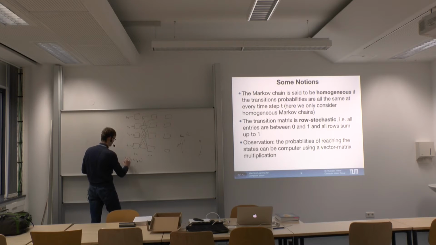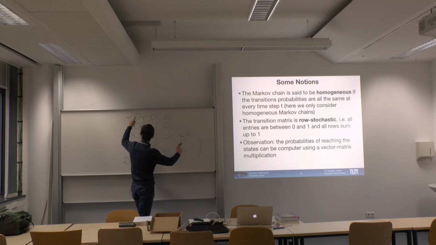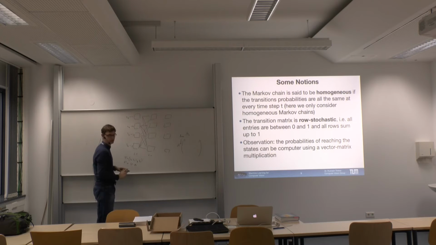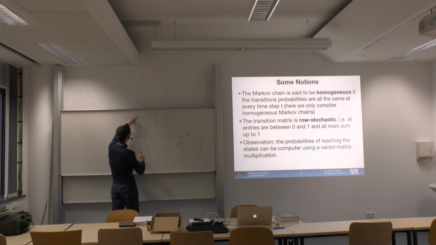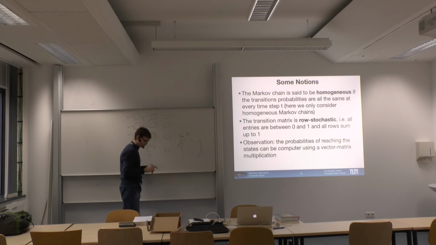Pi 2 is just pi 1 times A, right? Computed as a row vector times this. The probability to reach that state is just the sum over the probabilities to come from any of these states times the transition to reach from that state to that state. That's just this times the probability plus this times the probability to reach from here to here, which is nothing else than a row times the first column of A.